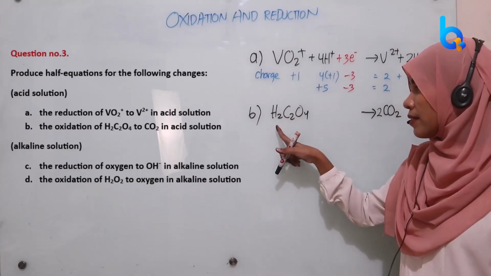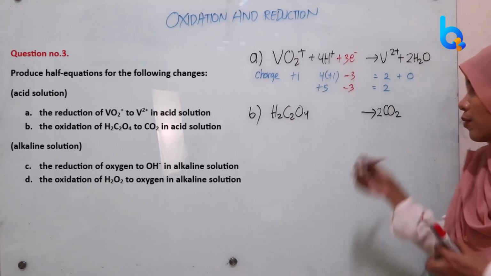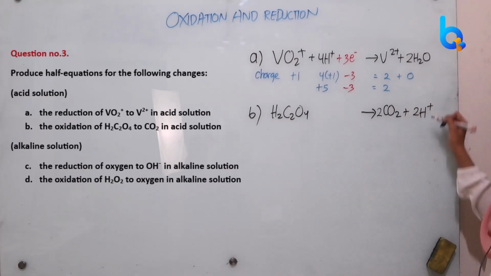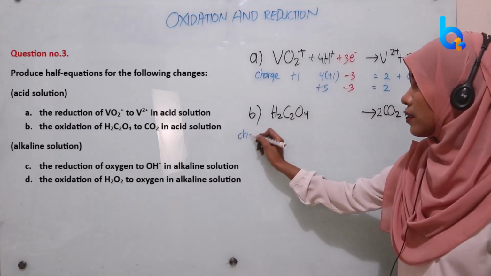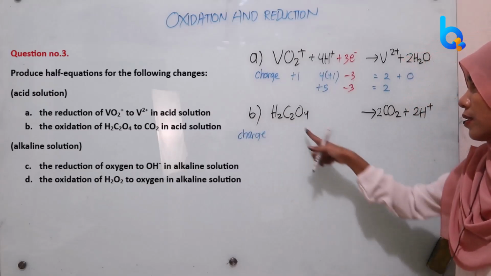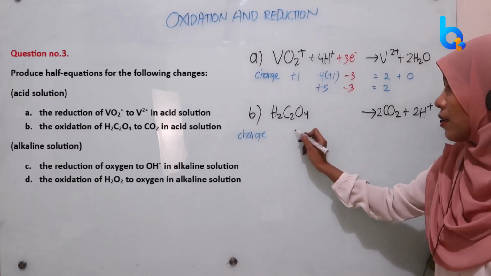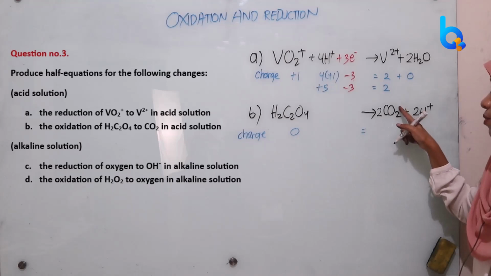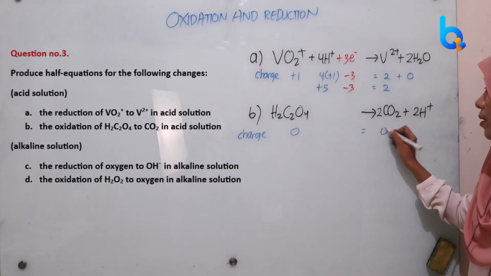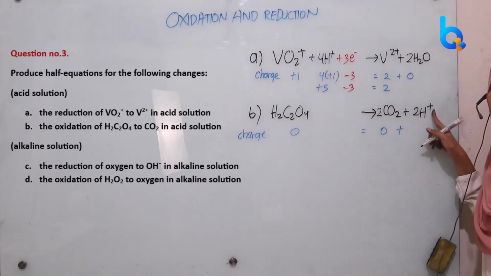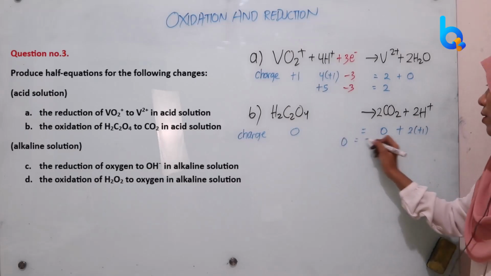Next, balancing the hydrogen. We have 2 hydrogen here and we don't have any hydrogen here, so we put 2 hydrogen here as H+. Now the last step is balancing the charge. Because this is a neutral molecule, we don't see any positive or negative sign, it will be 0, equals, this one also a neutral molecule, no sign, it will be 0, plus here we have positive 1 sign with 2 as coefficient, so it will be 2 times plus 1, so 0 equals plus 2.